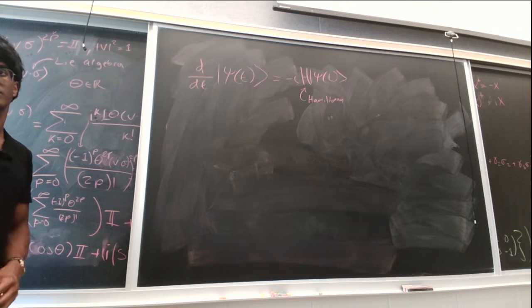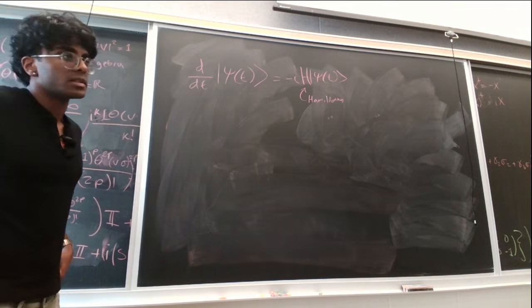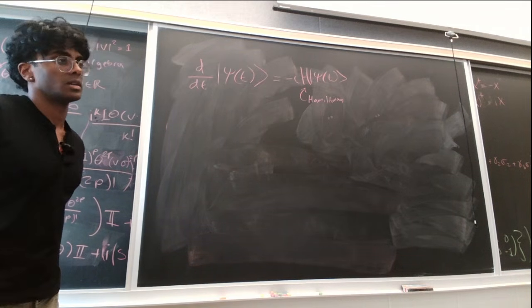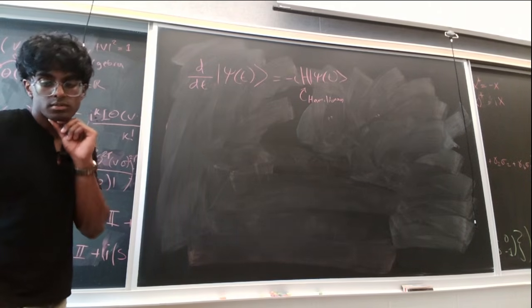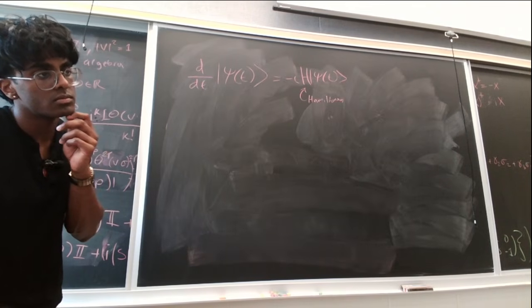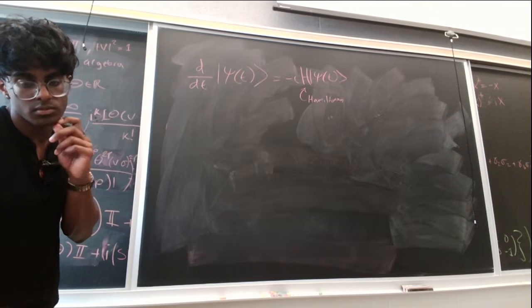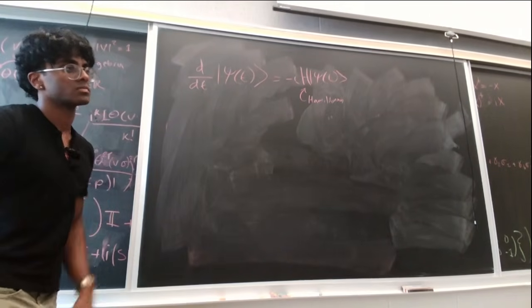So iH is skew-adjoint. So it looks like iH should be something in the Lie algebra of SU(N), if our Hilbert space is finite dimensional. Right now, let's assume that our Hilbert space is two-dimensional. We've been talking about SU2.